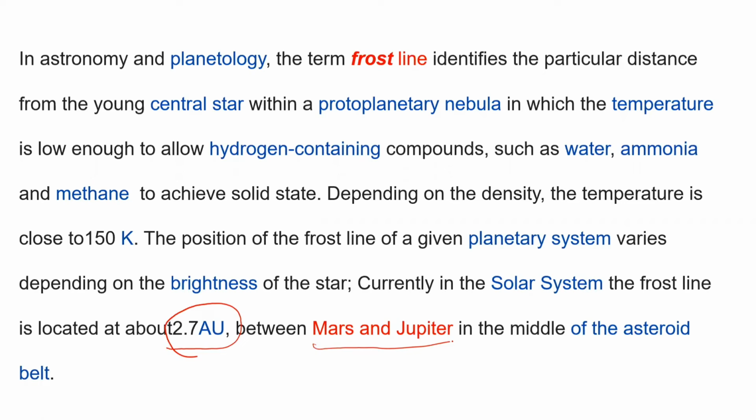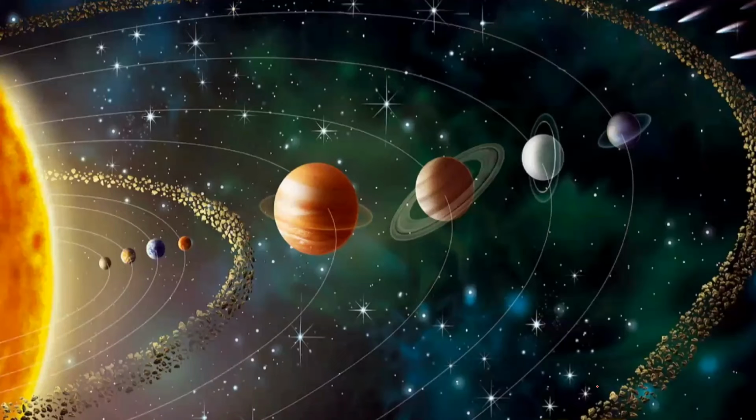After that frost line, hydrogen-containing compounds such as water, ammonia, and methane achieve a solid state. And depending on the density, the temperature is around 150 Kelvin after the frost line. That is the temperature for planets like Jupiter, Uranus, and Neptune.